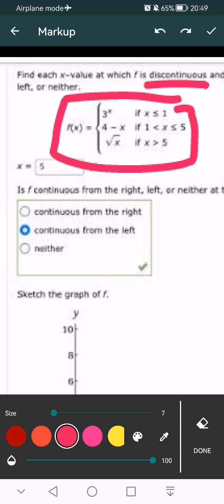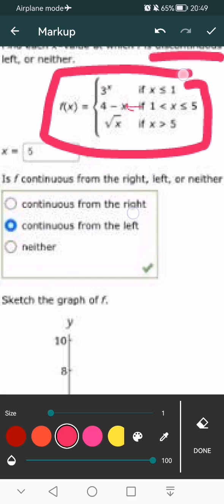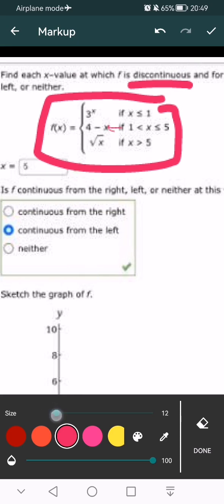You use the first one if x is less than or equal to 1, the second if x is greater than 1 and less than or equal to 5, and the third if x is greater than 5.